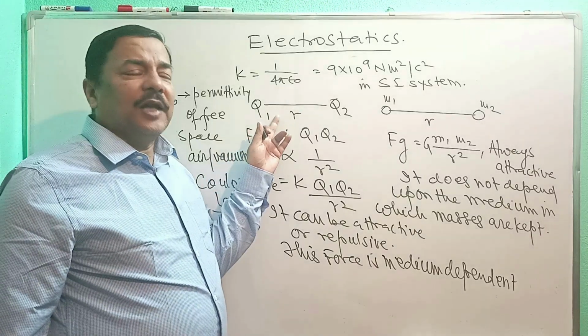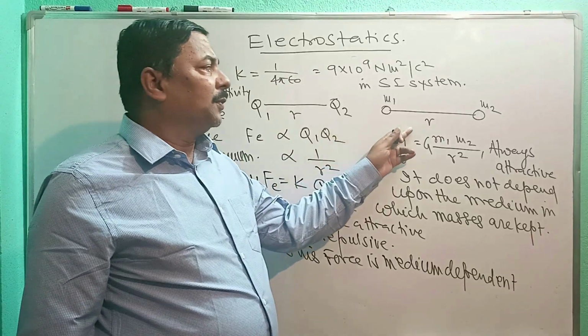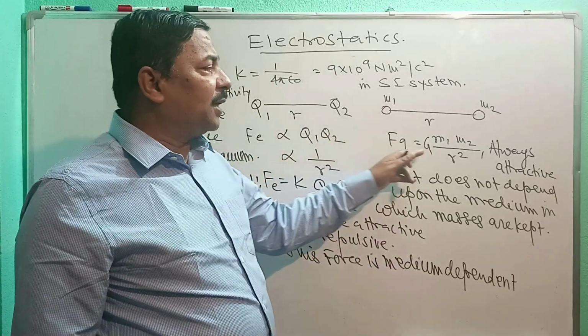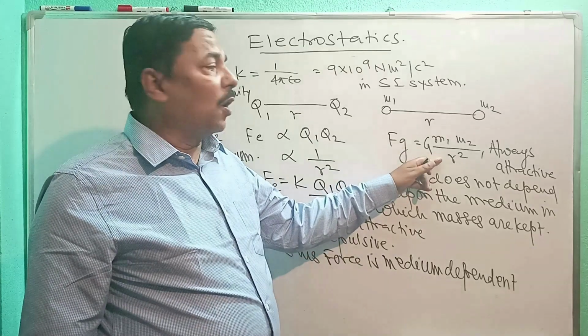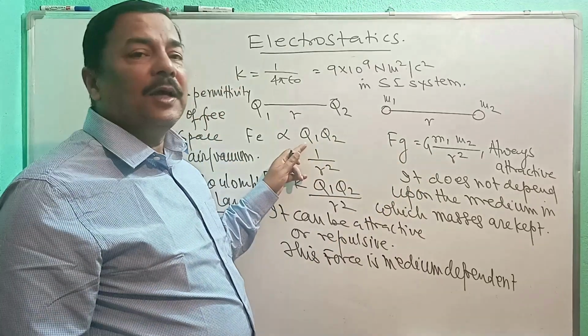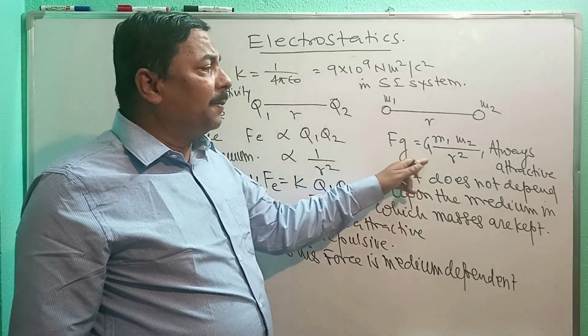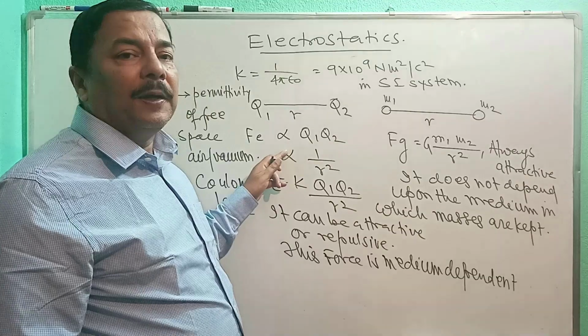Coulombian force is electrostatic, due to charge, whereas gravitational force is due to mass. Gravitational force is always attractive, whereas Coulombian force can be attractive or repulsive. Gravitational force is medium independent, whereas Coulombian force is medium dependent.